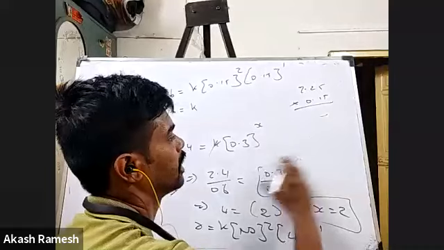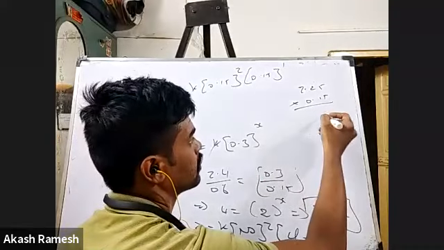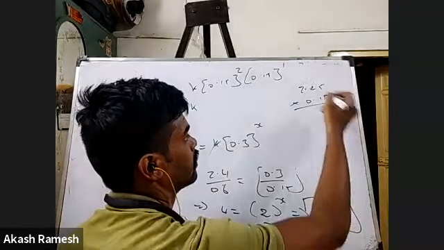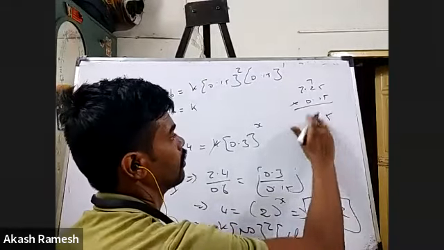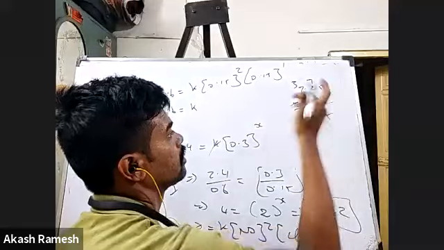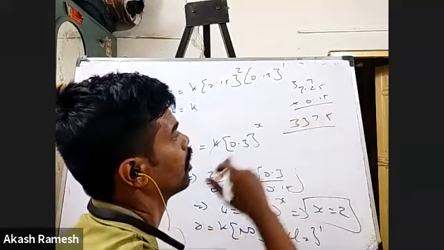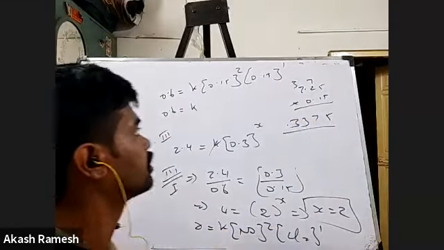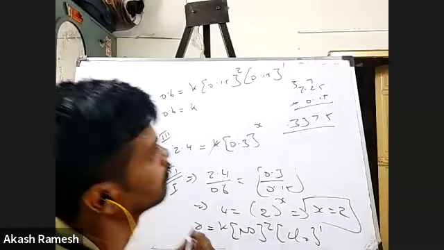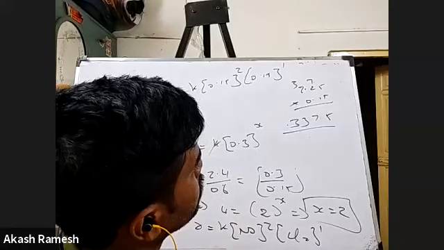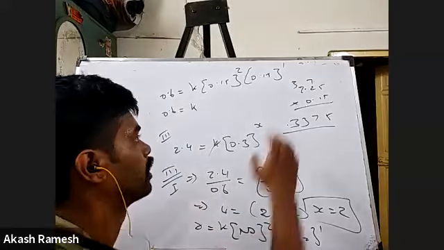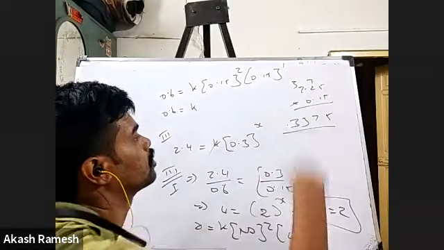Actually, I can do it in the 15 table itself. So 15 fives are 75, 15 twos are 30, 37, and 3, so 30, 33. So how many decimals? 1, 2, 3, 4. 0.3375. Is it correct? Yeah, correct. So here 2 decimals, here 2 decimals, totally 4 decimals.